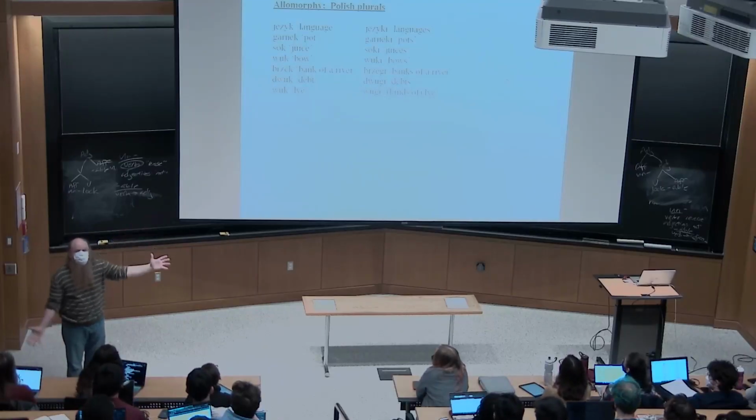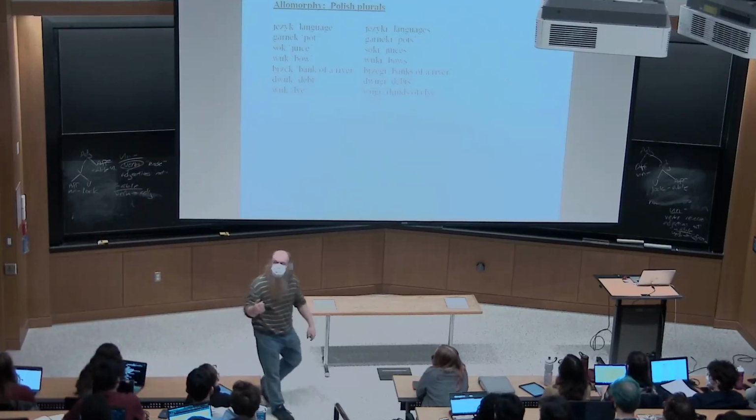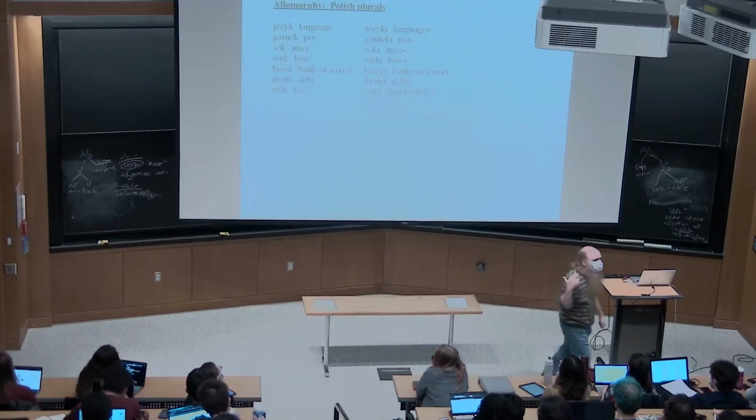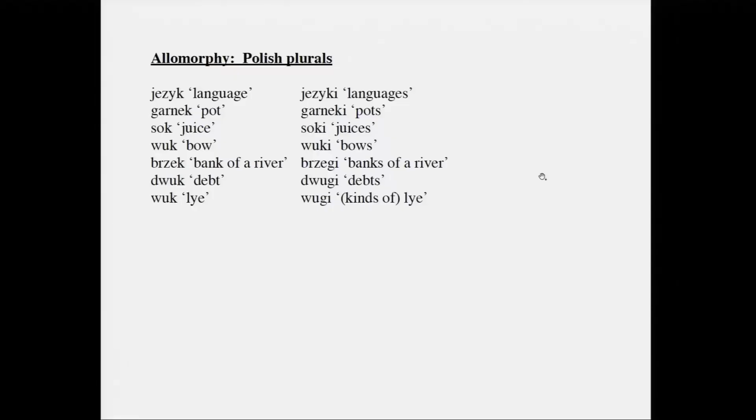K, always. So what we need for Polish is the willingness to say, yeah, there are nouns that end in K and nouns that end in G. The plural suffix is this letter I, this E. And there's a very general rule.